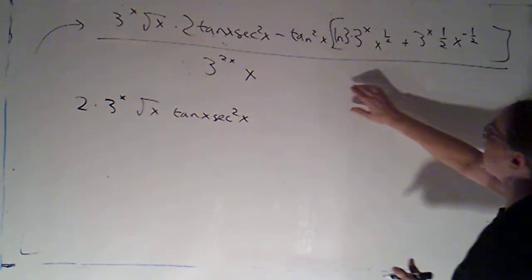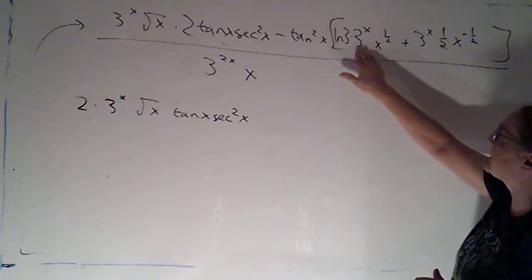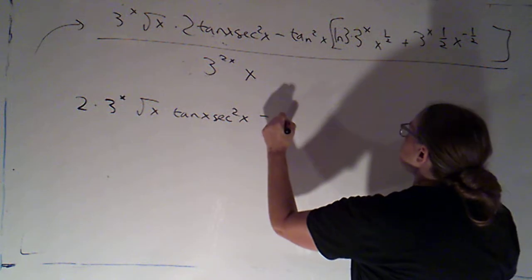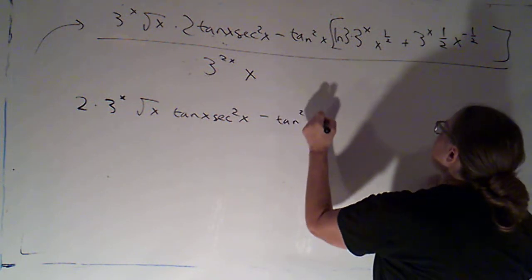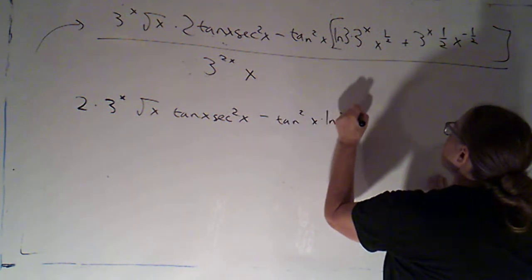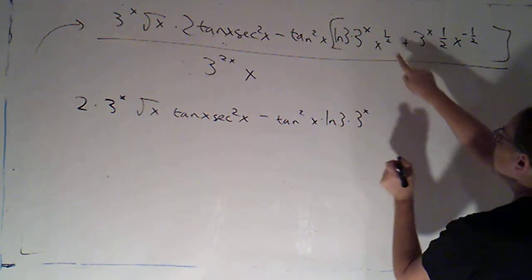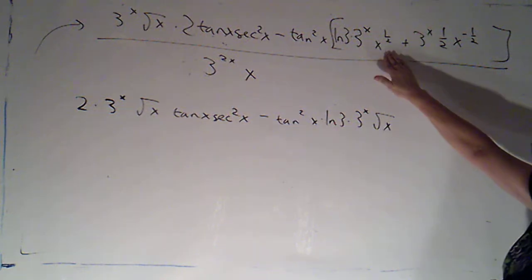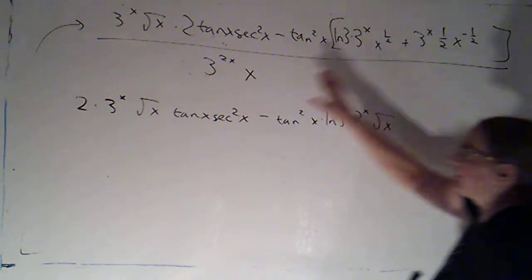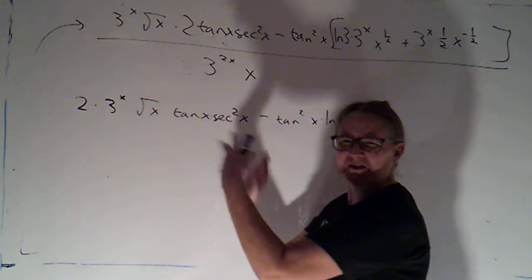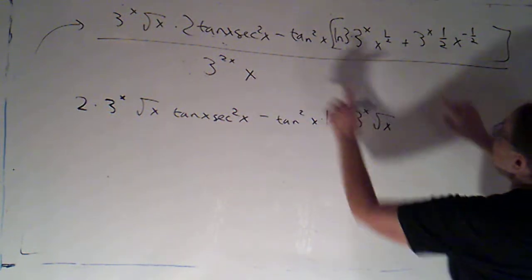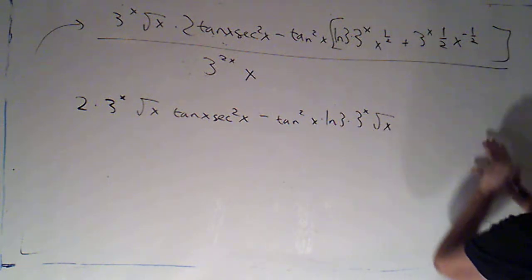And now I think what I'm going to do is distribute that negative tan squared x. Okay. So minus tan squared x times the natural log of 3 times 3 to the x times, I'm going to go ahead and just write that as the square root of x. It's not wrong to have it as a fractional exponent here and a square root here, but it's a little weird. Let's pick one and go with it. Okay. All right, and then I'm distributing this to this piece.